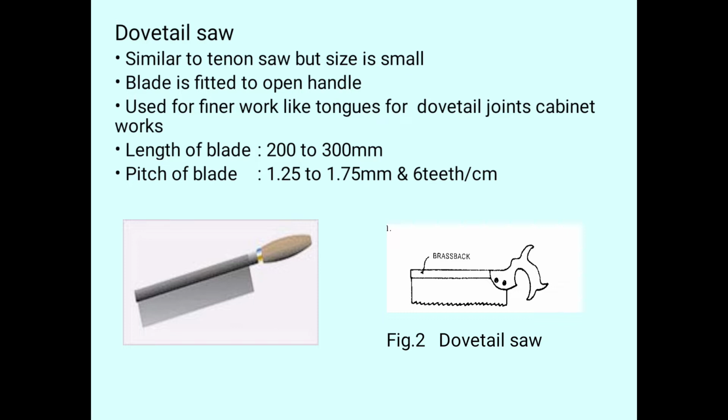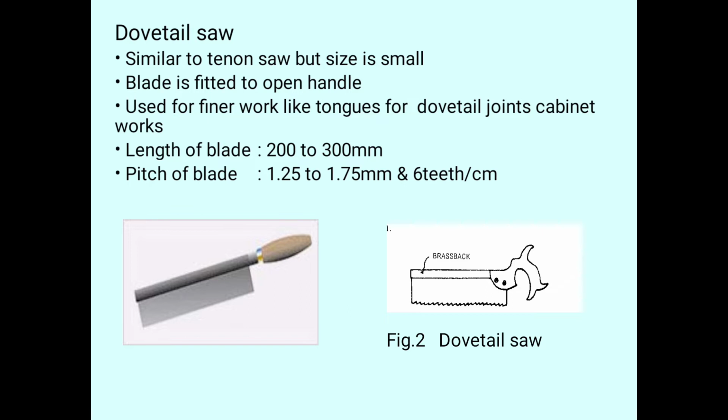The dovetail saw pitch ranges from 1.25 mm to 1.75 mm. So the pitch is very small, that is 1.25 mm to 1.75 mm, and 60 teeth per centimeter.